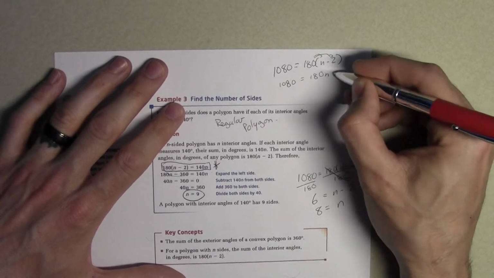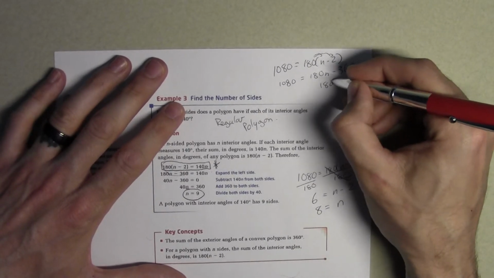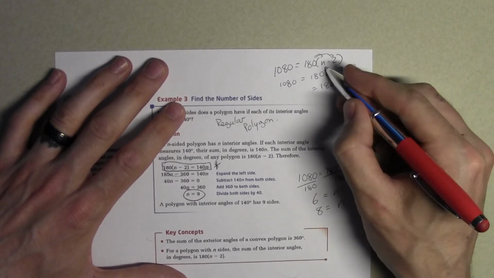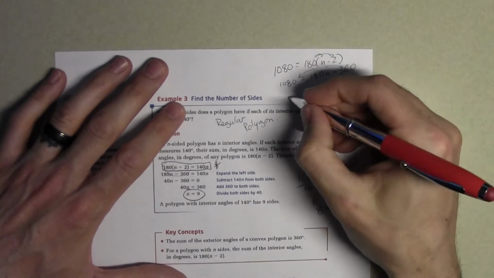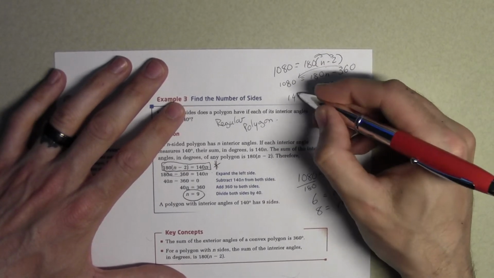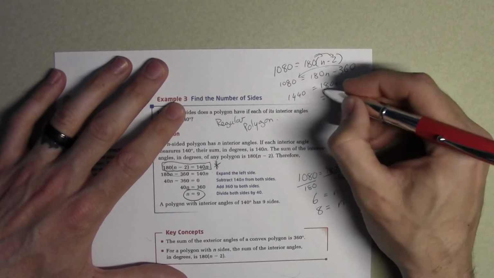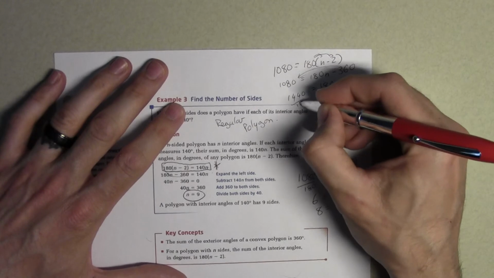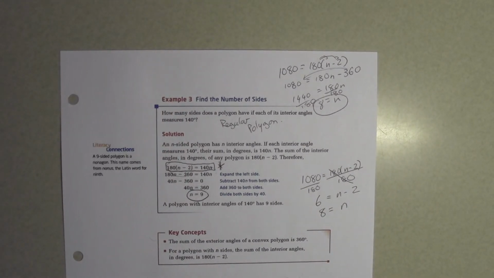Sure can. So leave the 180n on its own over here. The 360 is going to come over and be positive. 360 plus 1080 is 1440, I believe. So 1440 divided by 180, I'm going to guess, is 8. Yes. Okay? Either way works. Yeah, that's how I thought of doing it. Yeah, that's fine. Anybody else?